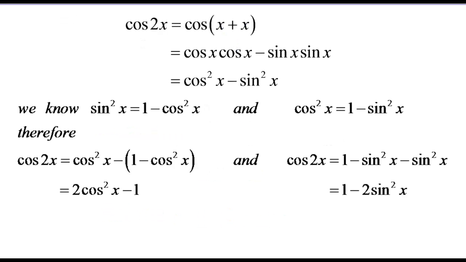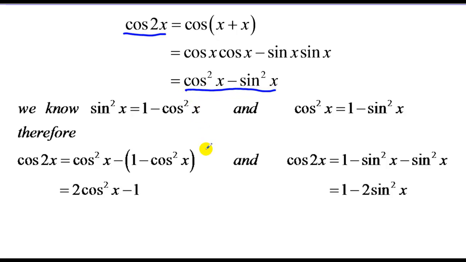Next, let's do the same with the cosine of 2x, which is the cosine of x plus x. So we know that's cosine of the first angle, cosine of the second angle, minus sine of the first angle, sine of the second angle. So the formula for the cosine of 2x is cosine squared minus sine squared.